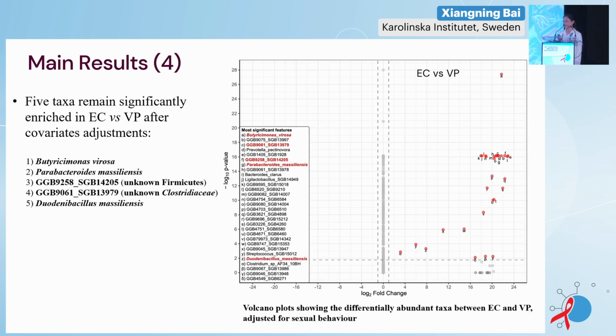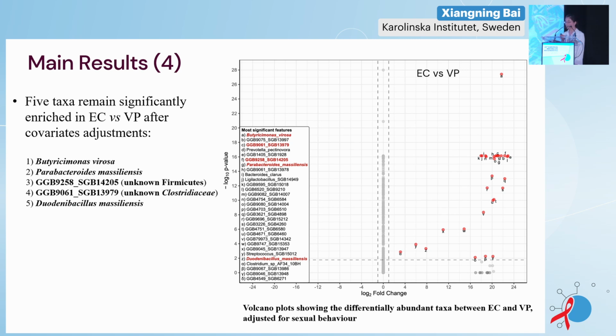As I said, several factors can impact microbes, so we used regression models to try to adjust for the different covariates, even though this study's sample size is quite small. After adjustment of all the covariates, we find that 5 taxa are significantly enriched in elite control as compared with the patients.